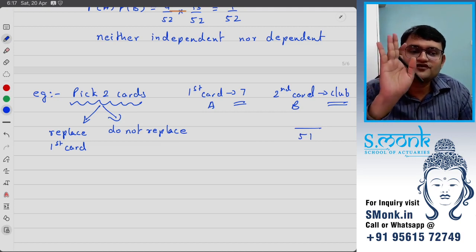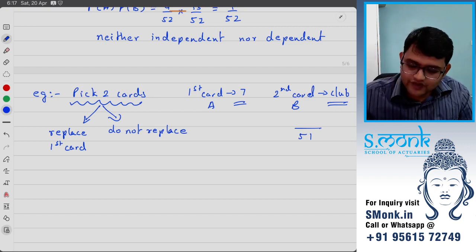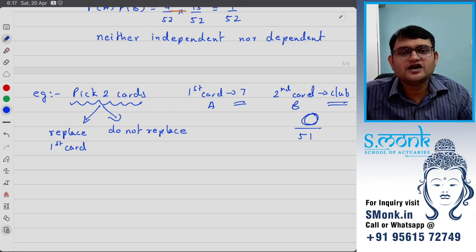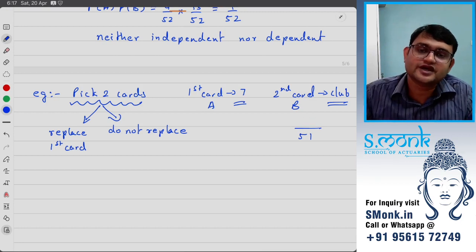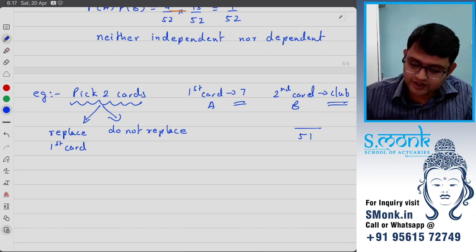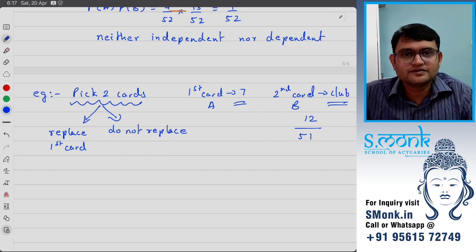And whether my first card was a club or not will affect the probability of my second card being a club, because there are only 13 clubs in the deck. If my first card was a club, then there will be only 12 clubs left in the deck.